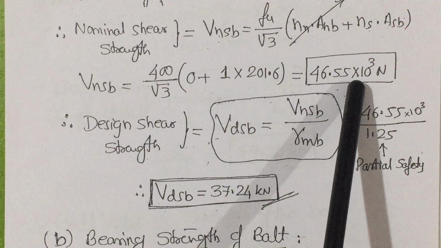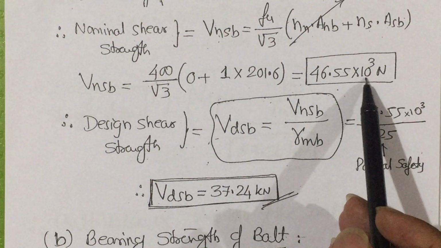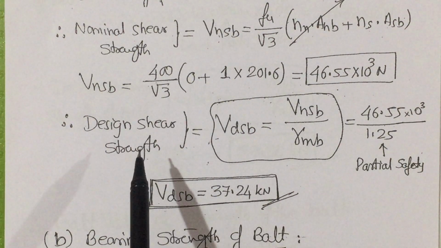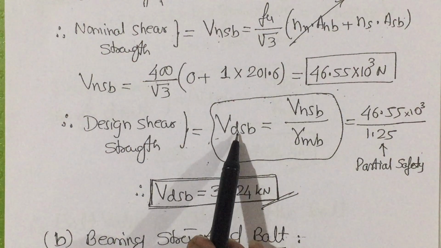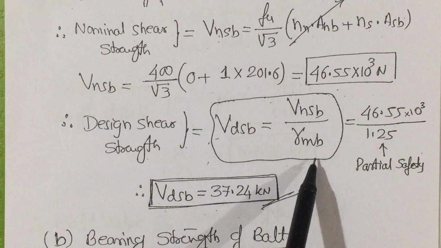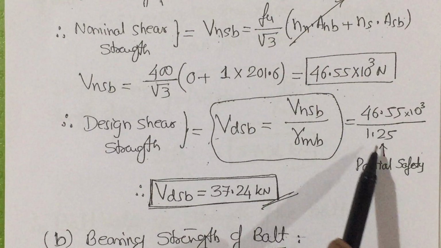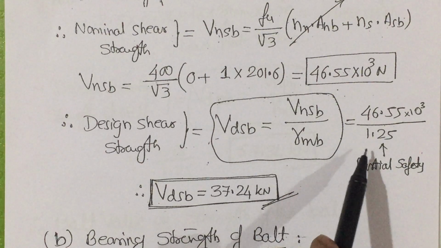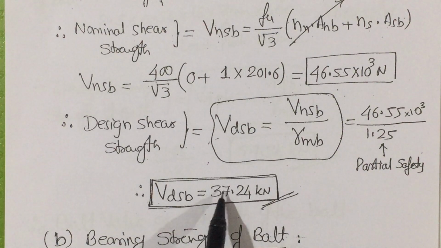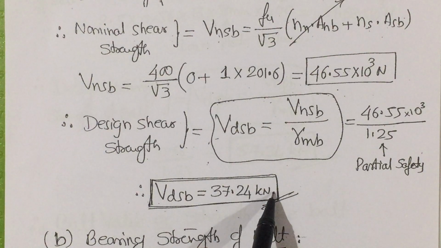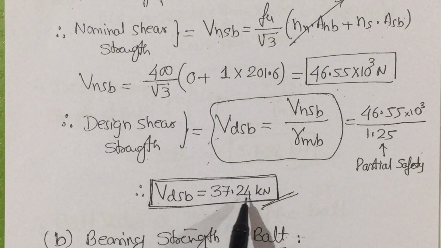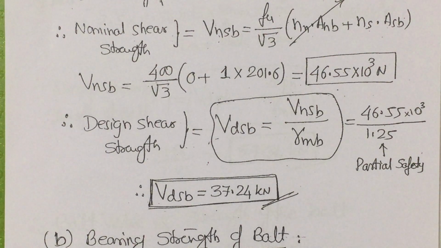So, you are going to get 46.55 into 10 power 3 Newton. Then design shear strength, that is VDSB, is given by VNSB by gamma MB. Gamma MB is 1.25. You are going to get it as 37.24 into 10 power 3 Newton or 37.24 kilonewton.